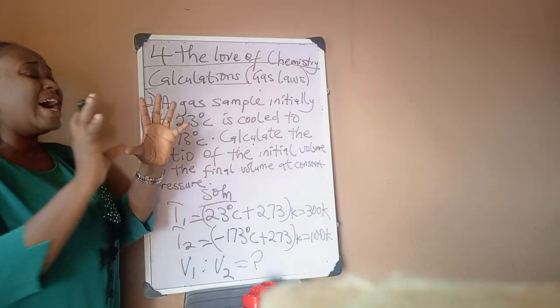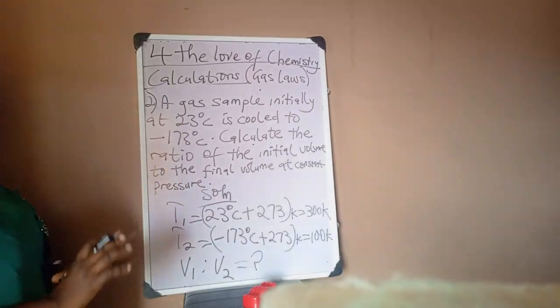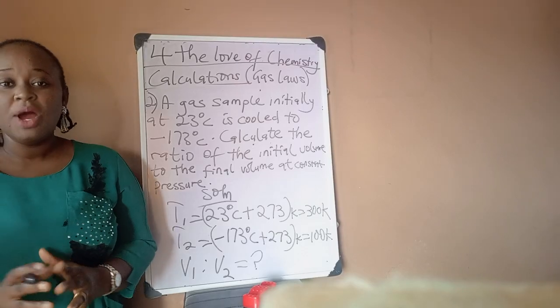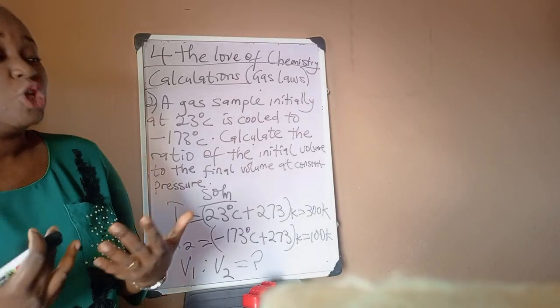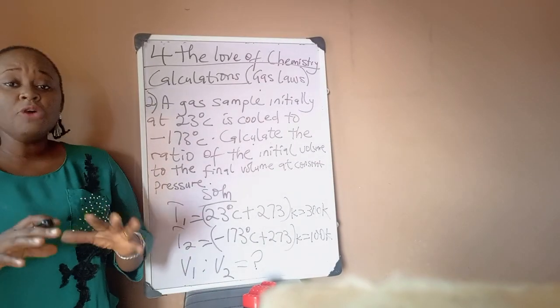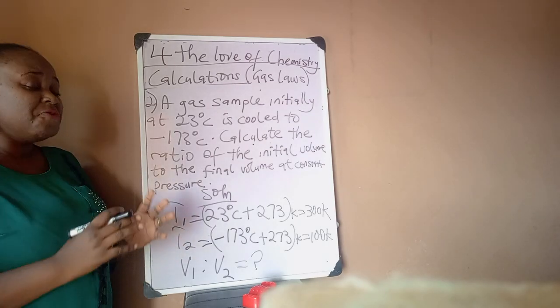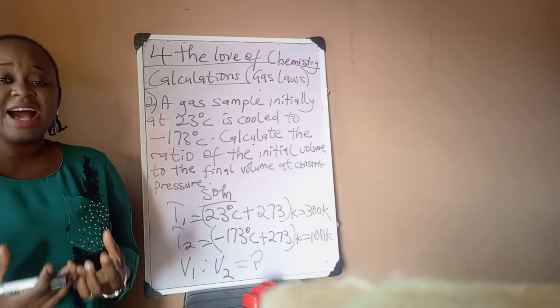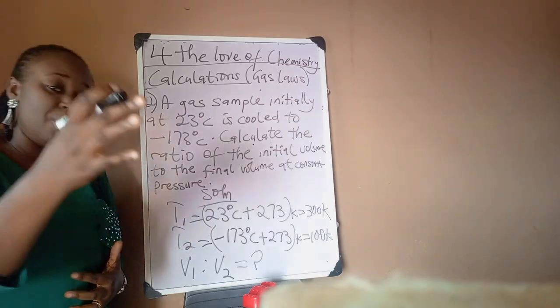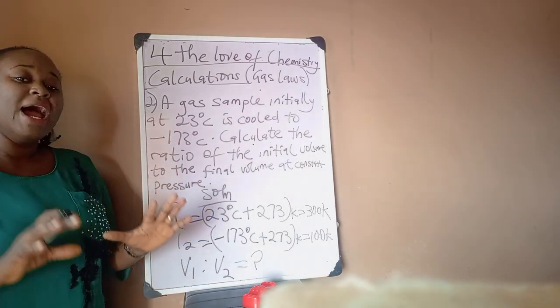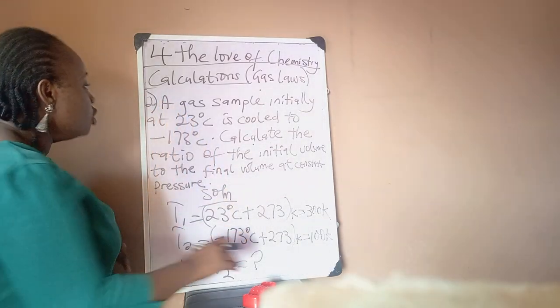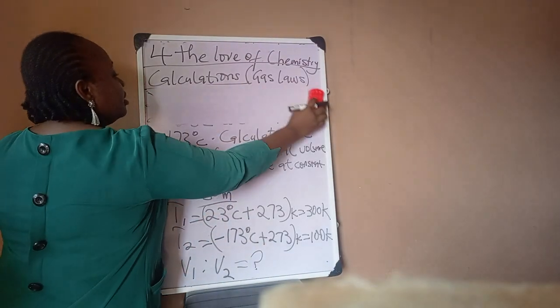What particular gas law considers just the volume and the temperature? That law is Charles law. And Charles law states that the volume of a given mass of a gas is directly proportional to its temperature at constant pressure.